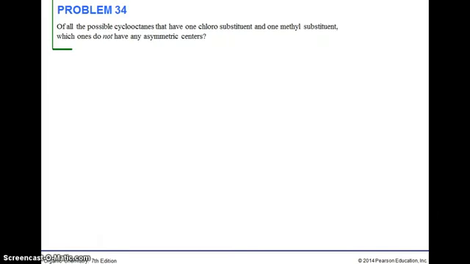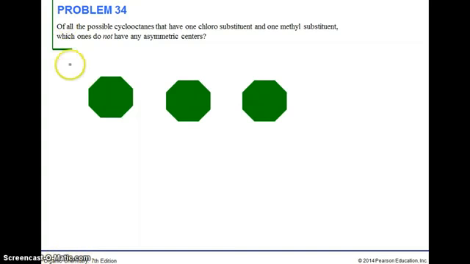Problem 34. Of the possible cyclooctanes that have one chloro and one methyl substituent, which ones do not have any asymmetric centers? Well, to draw ones without asymmetric centers might seem challenging, but really what you need to do is find some symmetry. I finally got smart and used the shape drawing tool instead of torturing you anymore.